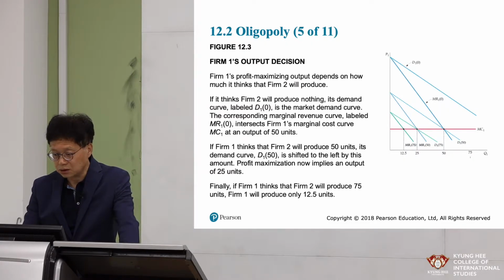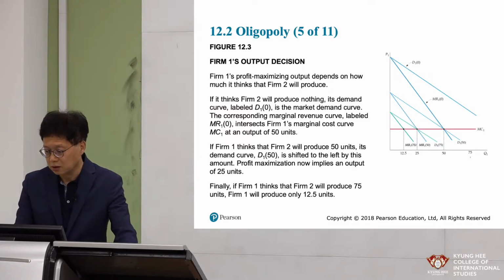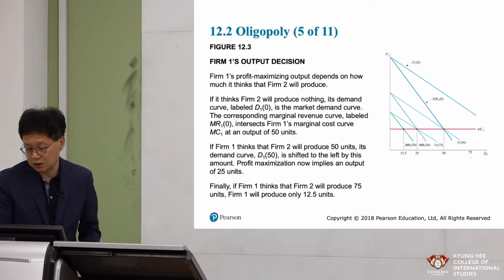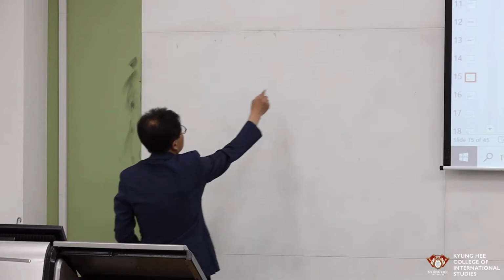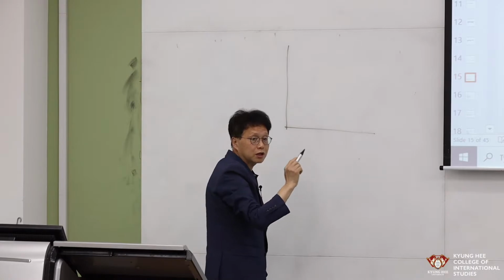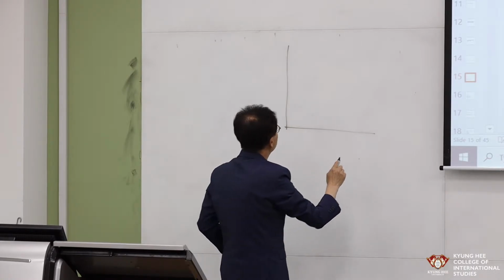So look at this, Figure 12.3 on slide number 15. Firm 1's profit maximizing output depends on how much it thinks Firm 2 will produce. If Firm 1 thinks Firm 2 will produce nothing, then Firm 1's demand curve is shaped like this.